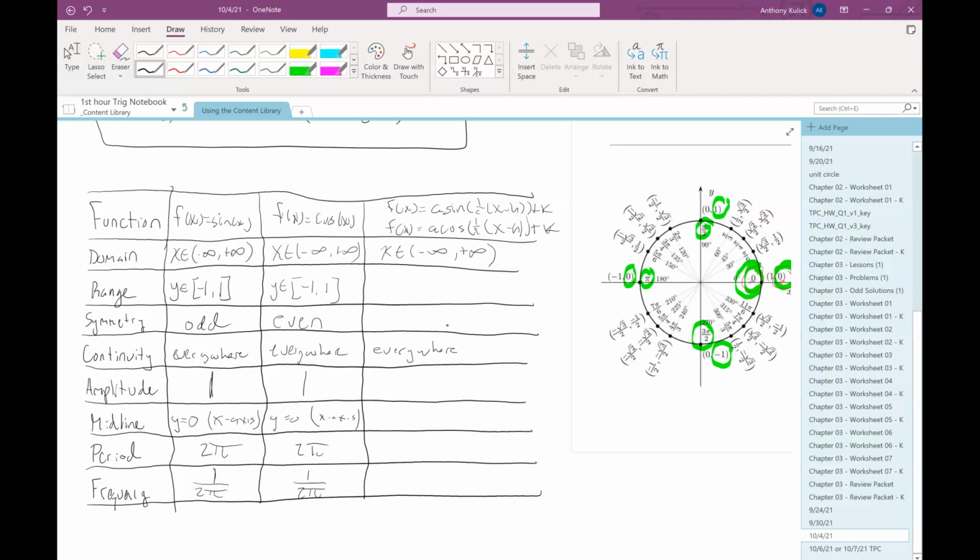So let's talk then about the range. Can doing one of these transformations affect the range? Yes. What kind of transformation might affect the range? In what direction? Vertical or horizontal?